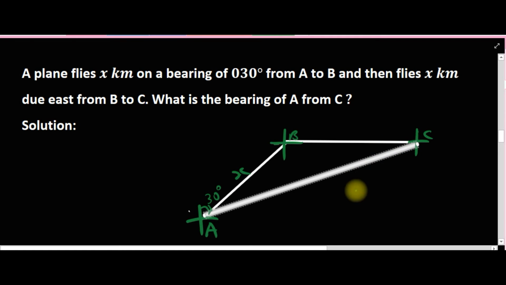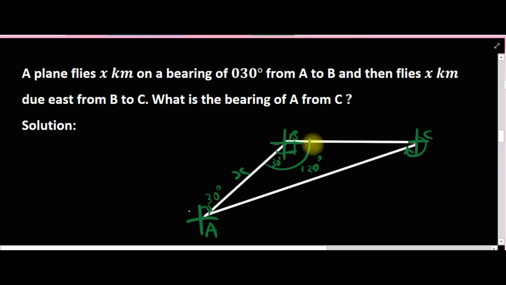We have to find the bearing of A from C. But before then, we need to get some values. Here, common sense will tell us this angle is 90 degrees, and here is 30. Here should be 30. So 30 plus 90 is 120. So the angle here is 120.